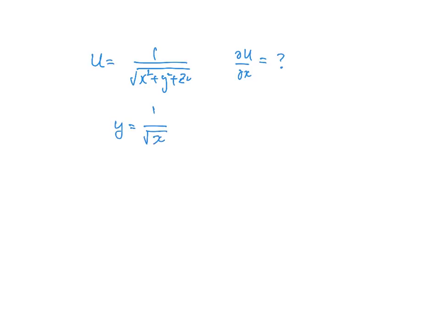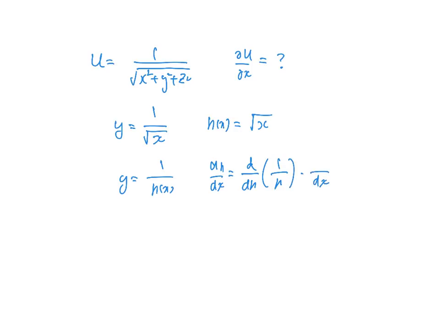The square root of x. You can also use the chain rule, for example, set h(x) as the square root of x. Then y is 1 over h(x), right? So dy/dx is dy/dh times dh/dx.